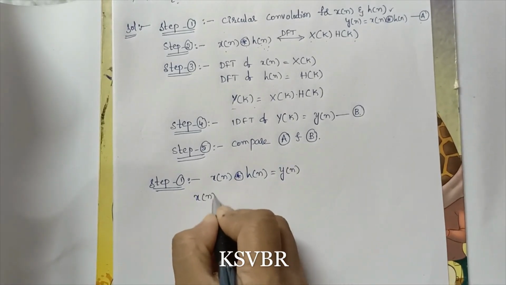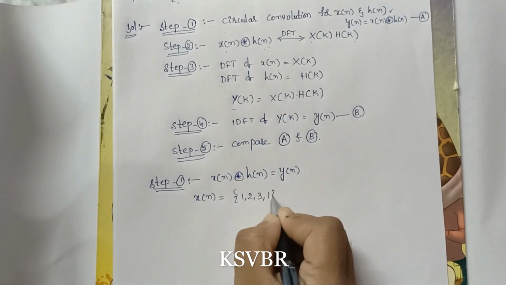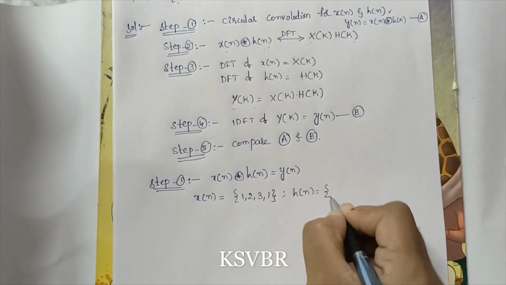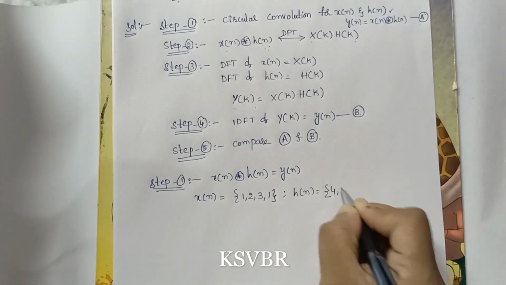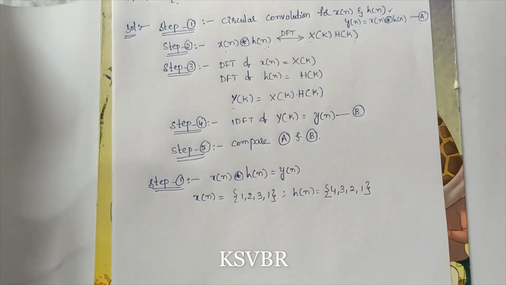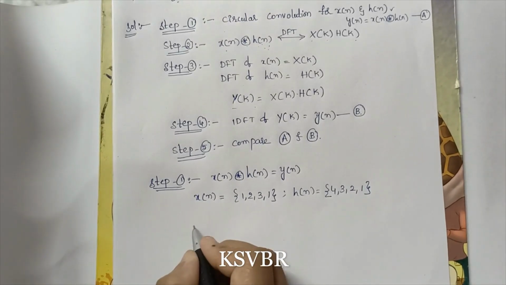First we have to write the data. x of n is equal to 1, 2, 3, 1. h of n is equal to 4, 3, 2, 1. Now we are going to do circular convolution.